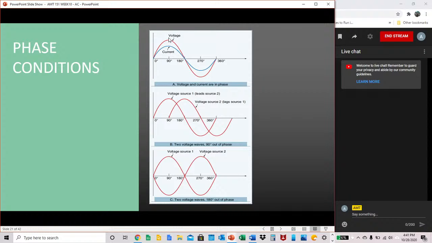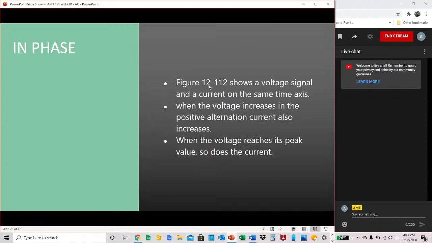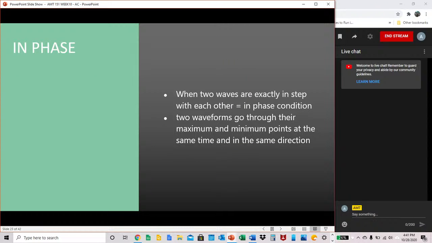The voltage has its peak, the current has its peak, and then it moves together, and same with the negative deflection. That is an in-phase condition. When two waves are exactly in step with each other, this is an in-phase condition. Two waveforms go through their maximum and minimum points at the same time and in the same direction.